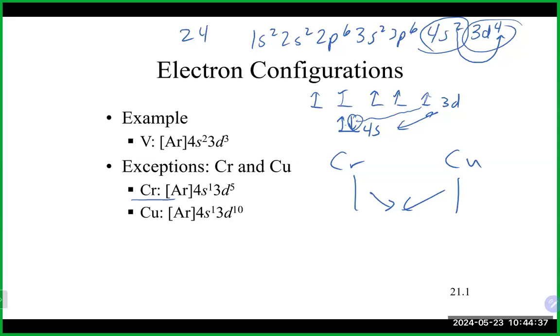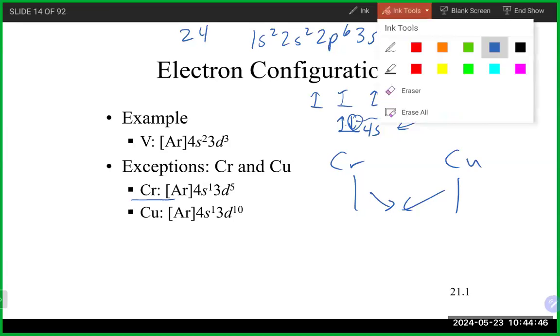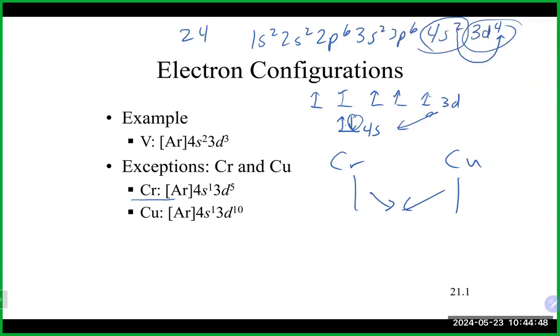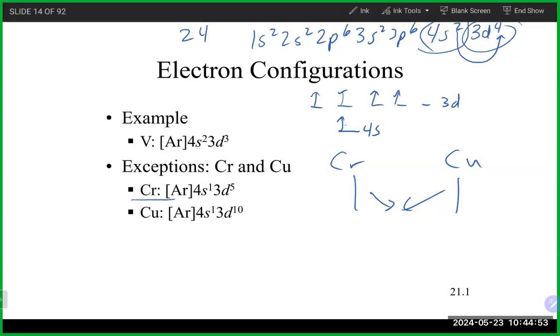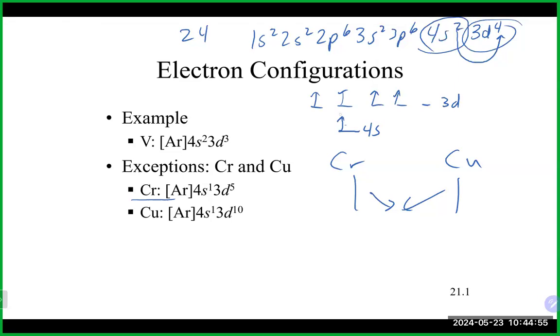Another really important thing in terms of electrons and transition metals is, hopefully you know that when we do start filling up the d orbitals with some electrons, there's actually a switch in energy that occurs.